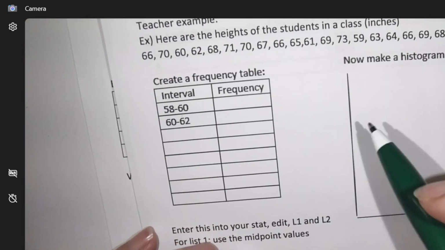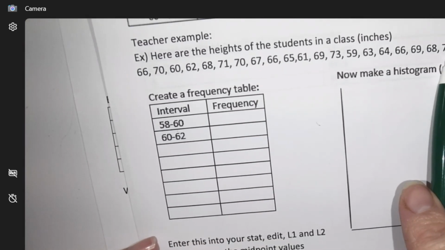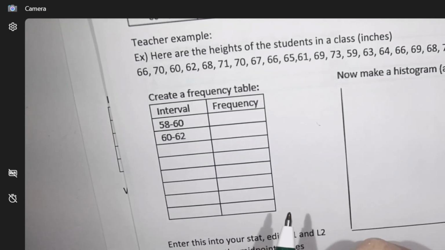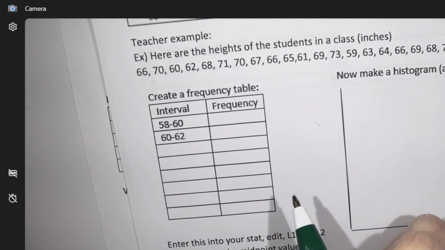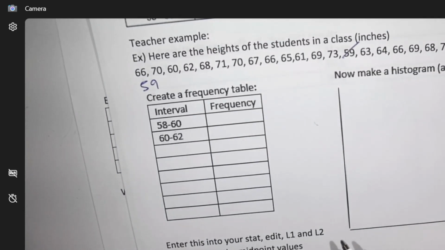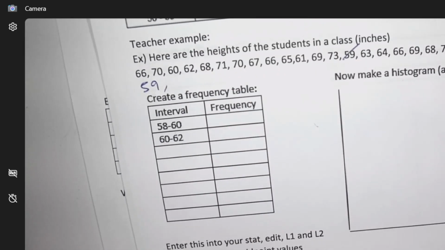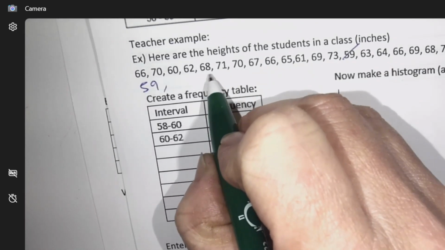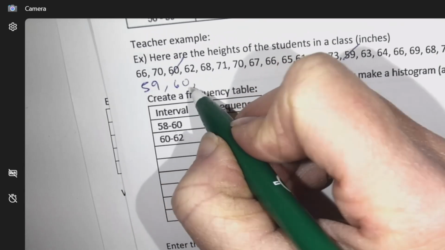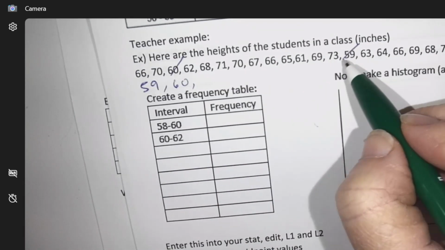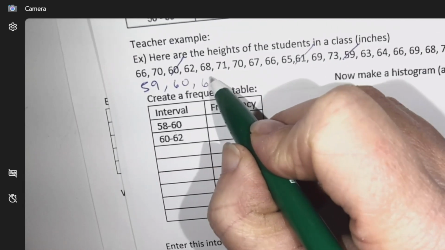So here's my example. These are not in order. Should we do that? That might make our life easier. Okay, here we go. What's the lowest? 59. Do we have anything else in the 50s? Nope. Okay, what's next? We have a 60. We have a 61.